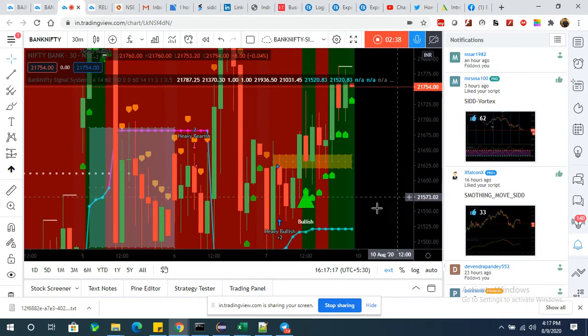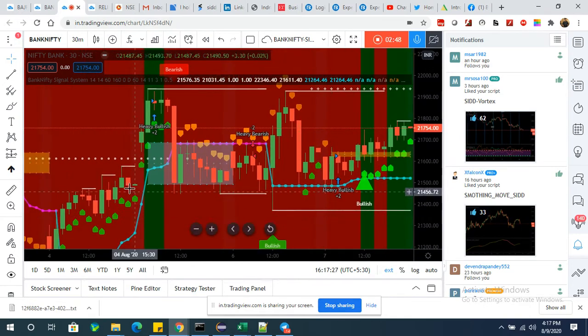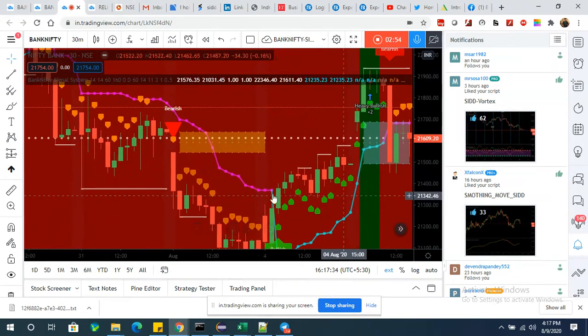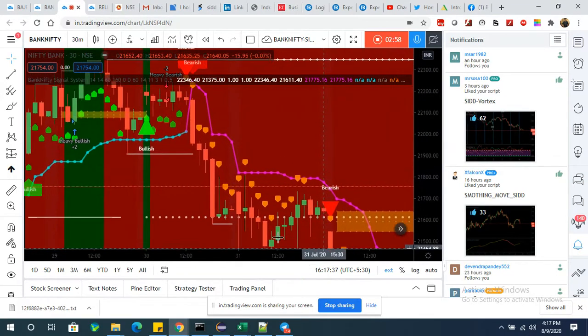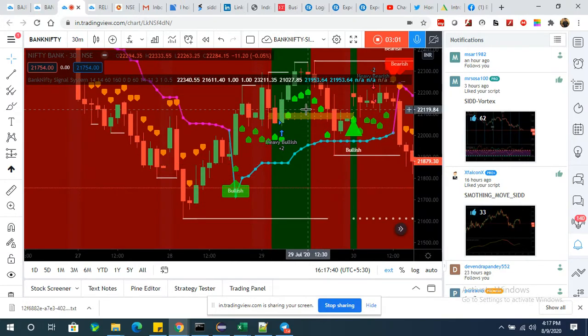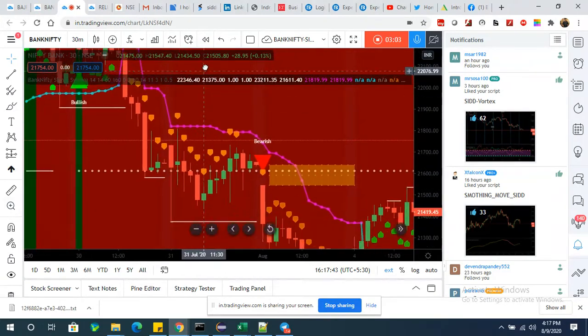So see here, the previous day close was here and the next day opening was here. That's why this is the gap down area. And here, the close was here and the next day opening was here, so this is the gap up area. And you can see there are many of these boxes, gap down boxes and gap up boxes.